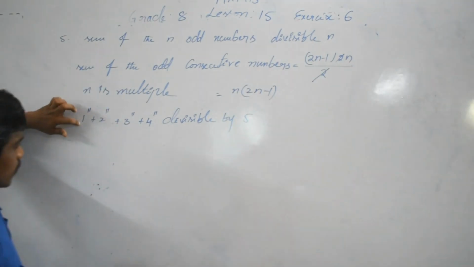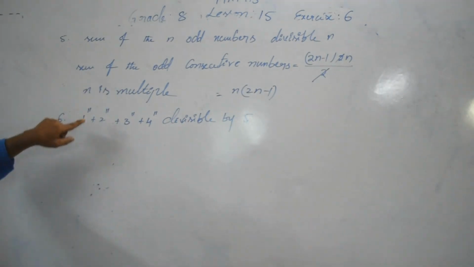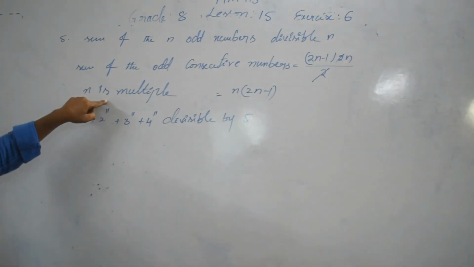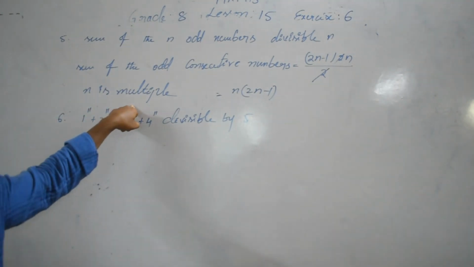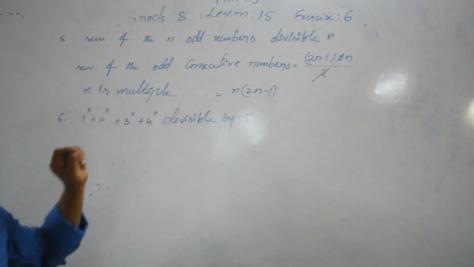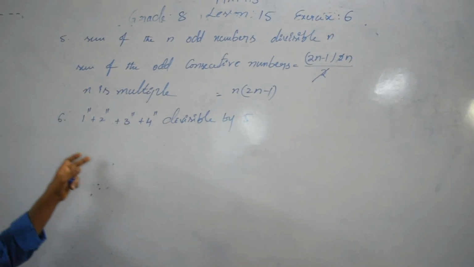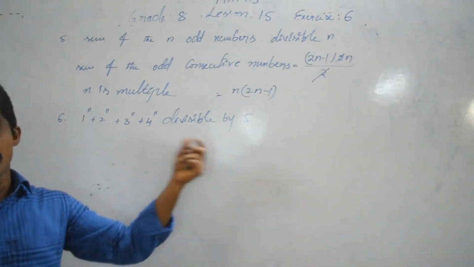So what is the value of 1 power 11? What is 2 power 11? What is 3 power 11? What is 4 power 11? That total sum should be divisible by 5.